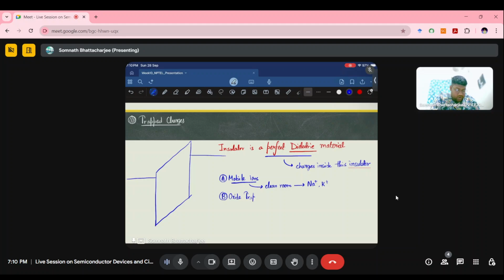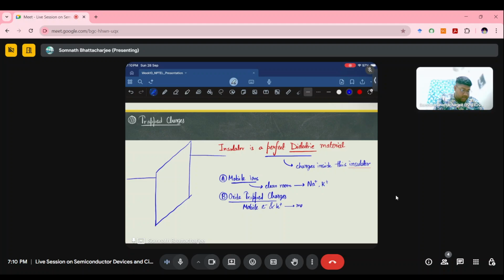there can be trap charges as well. So what are these trap charges? Trap charges are mobile electrons and holes that are able to move based on different temperature conditions.